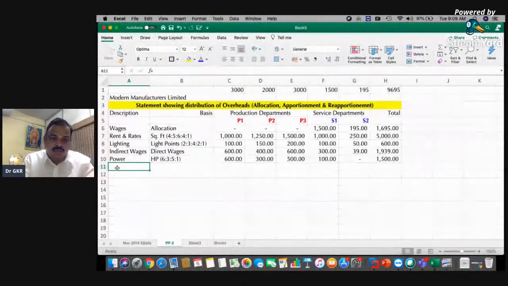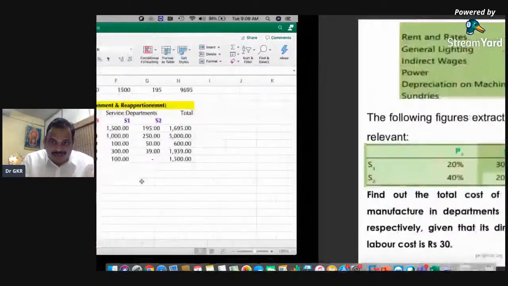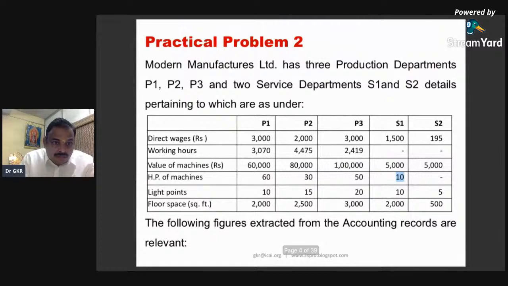Depreciation on machine. So depreciation on machine, you can go by the machine cost. Machine cost is there, value of the machine is there. So it is 60,000, 80,000, 1 lakh, 5,000. Divide by 5,000, it is 12 times 60, and it is 16 times 80, sorry. Then you have 20 times 100, 1 is to 1.